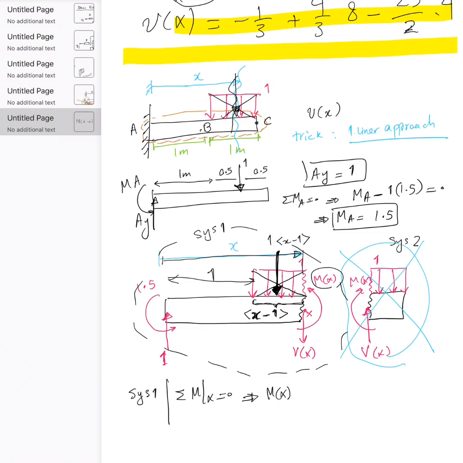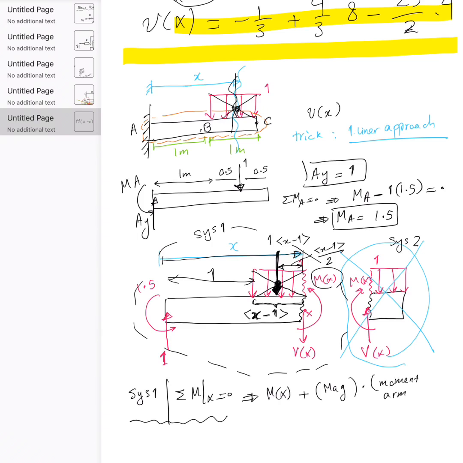Well, the answer is the centroid of this part, which is Heaviside x minus 1 divided by 2, at the center of the base. You see? So if I want to add its couple moment to my summation of moment equation that I'm just trying to finish, it's going to be MX plus the magnitude of the force times moment arm.